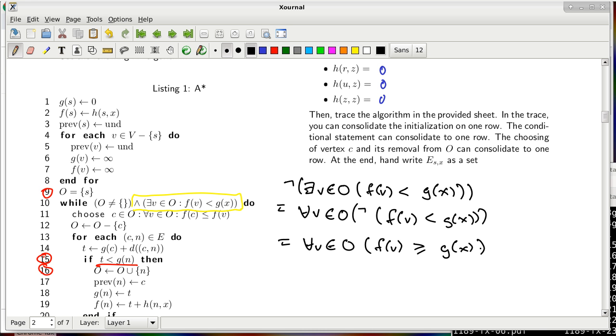So if this is true for every v in O, that means for every vertex in O, you cannot find a shorter path through any one of those vertices from the start to the end. Is that okay? So that's the explanation that I want you guys to present in a proof like that.